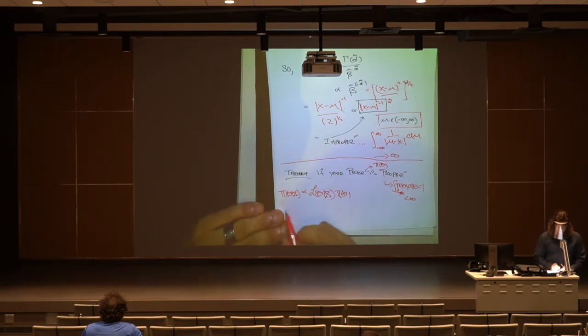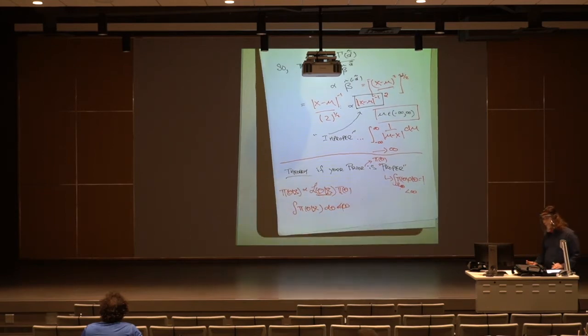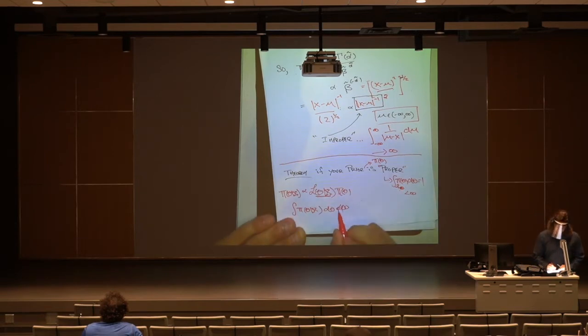And so I want to show that the posterior is proper, i.e. it's normalizable. So if I integrate this, it's going to be equal to 1. Or it's going to be less than infinity if I haven't normalized everything yet. Okay. So they're true.